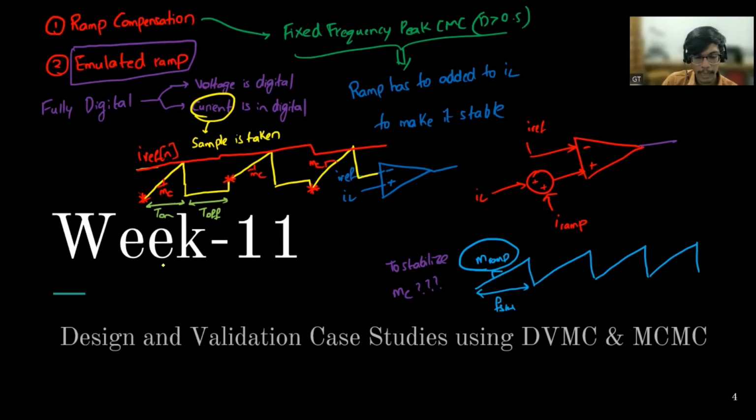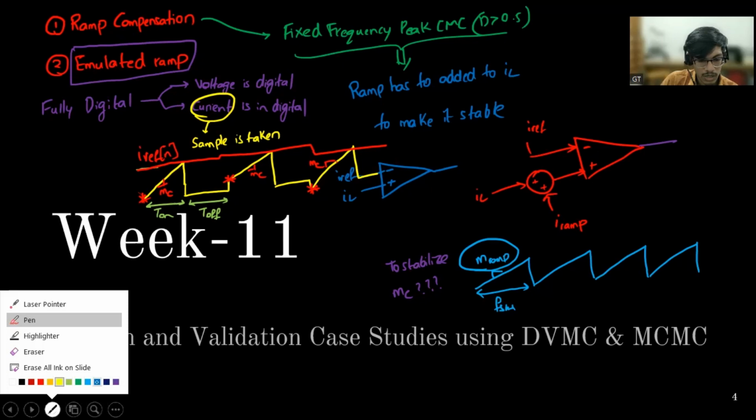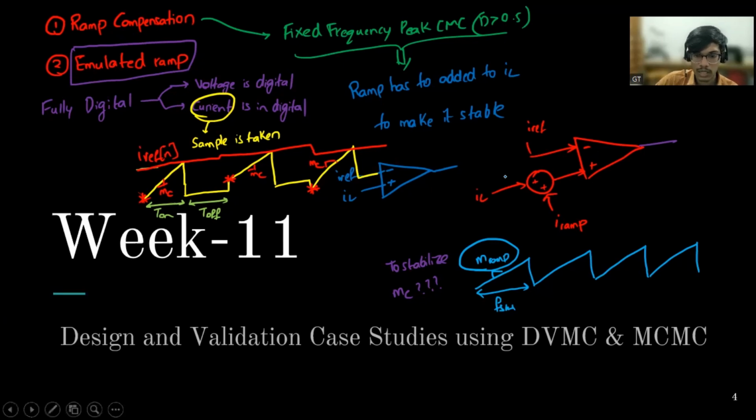But is there any case in which the ramp compensation is negative? Is there any chance of taking MC with a negative slope? No. We need MC because the system is unstable, and in order to stabilize it, we are adding it. If you add a negative MC, it is destabilizing the system. The system is already stable, and you are adding some instability.